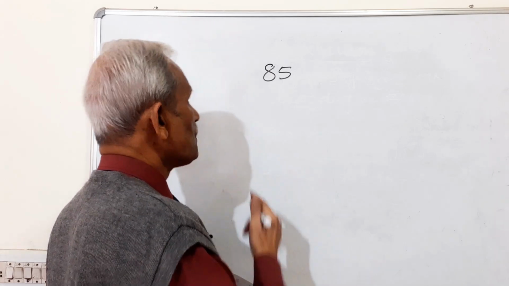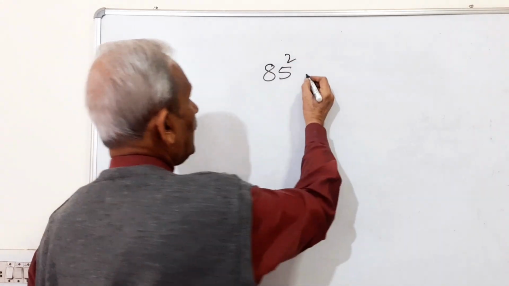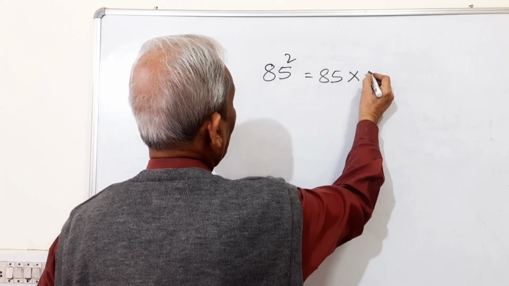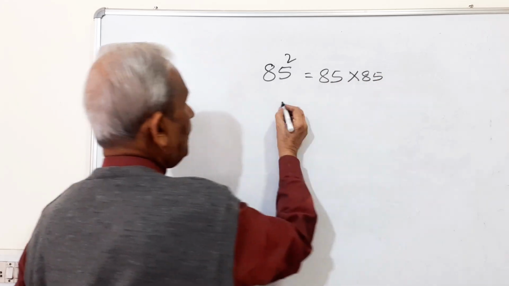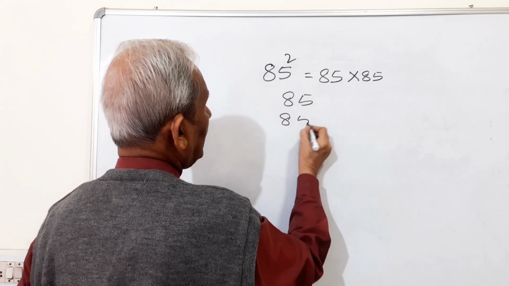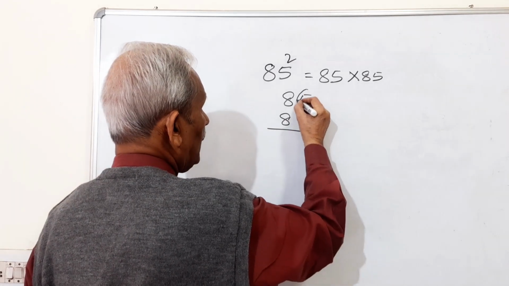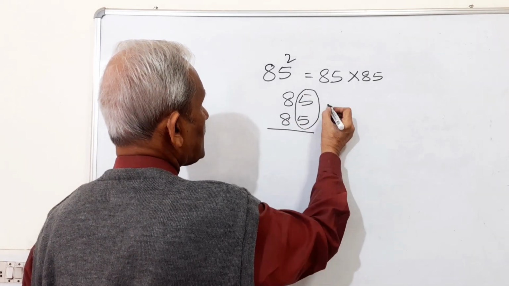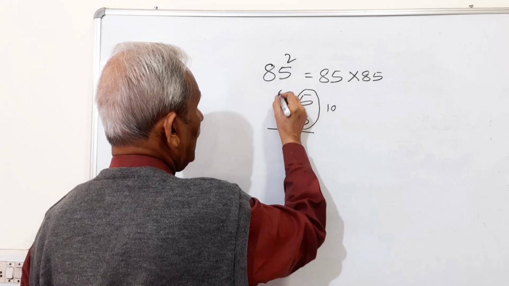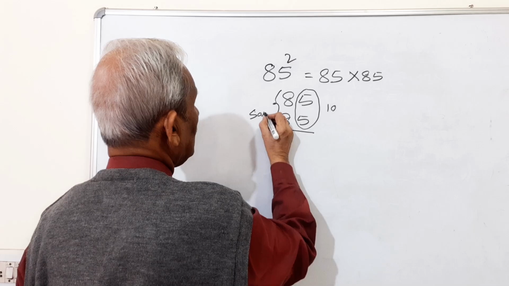Things are very, very simple. 85 square means what? 85 into 85. And if I write here 85 into 85, you can find that the total of the ones place is 10, and in the tens place the numbers are the same.